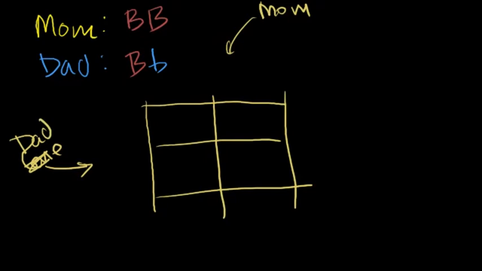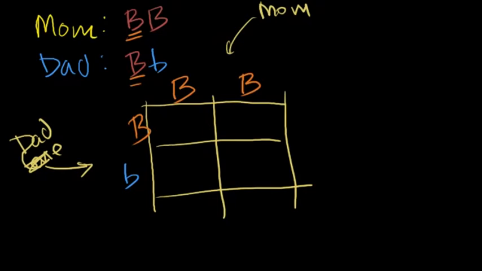So the mom, in either case, is going to contribute this big B brown allele from one of the homologous chromosomes, or on the other homologous chromosome, well, they have the same allele, so she's going to contribute that one to her child. The dad could contribute this one, the capital B allele for brown eyes, or the lowercase b for blue eyes, either one.